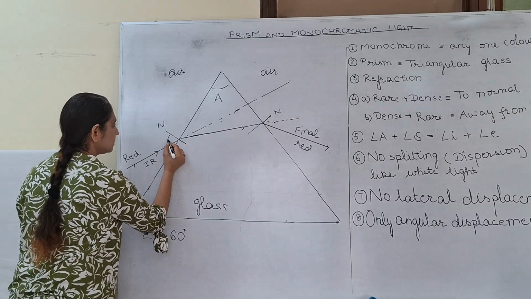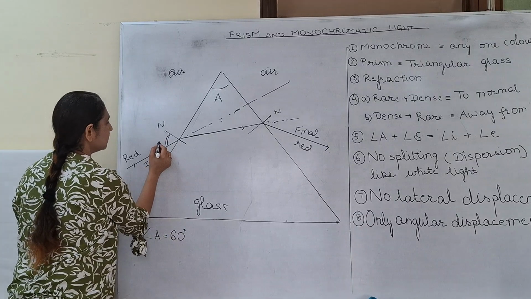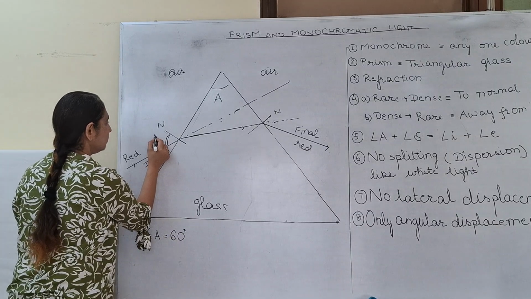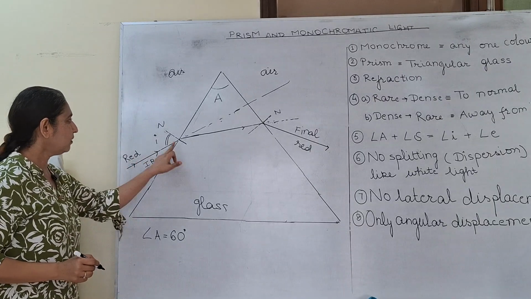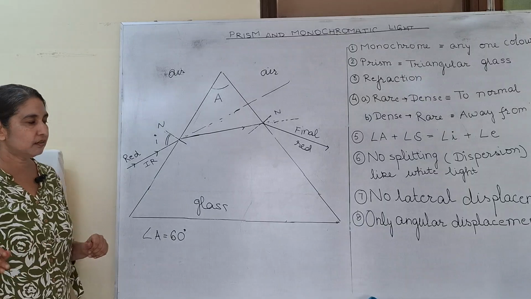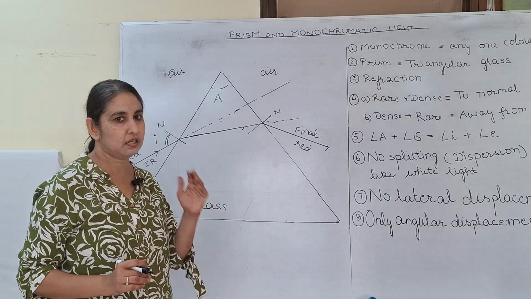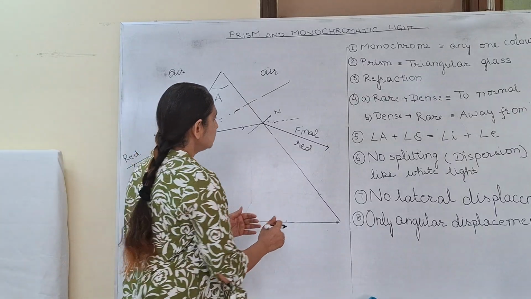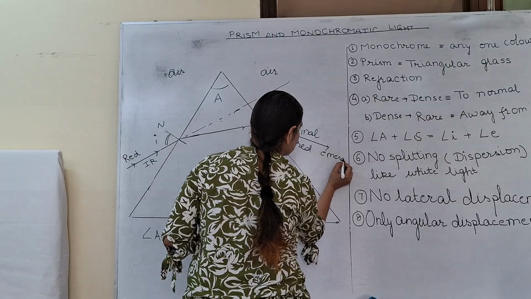So this becomes the angle of incidence, I hope it is clear: the incident ray and the normal. Now the angle of emergence will be the emergent ray and the normal. Where is the emergent ray? This is the emergent ray, right?